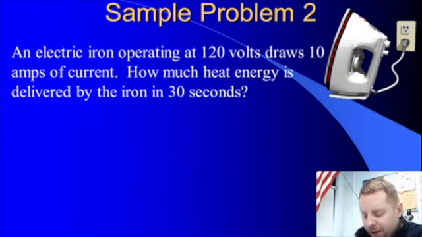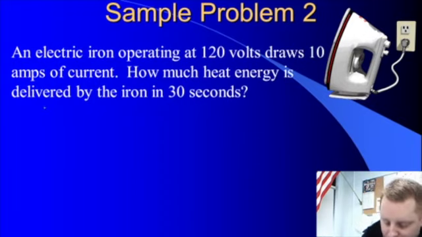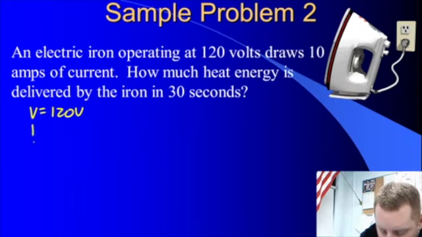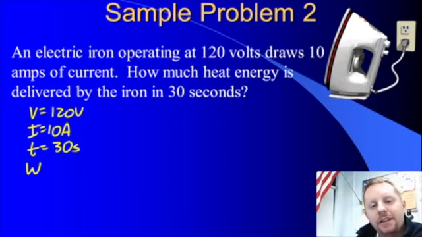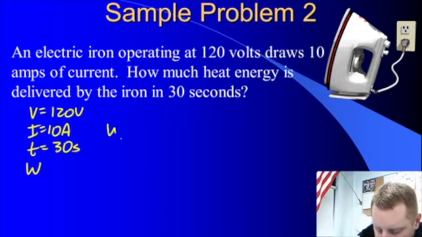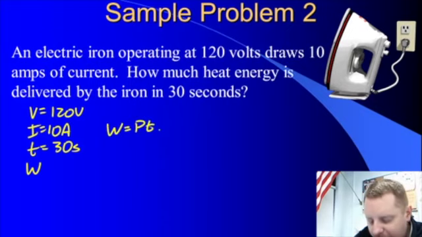An electric iron operating at 120 volts draws 10 amps of current. How much heat energy is delivered by the iron in 30 seconds? Well, now we have a potential difference of 120 volts, our current is 10 amps, and this is going to occur in a time of 30 seconds. We're looking for heat energy delivered, so that's going to be energy, in this case, capital W, the electrical energy. Work, if you recall, is power times time, and power is current times voltage.